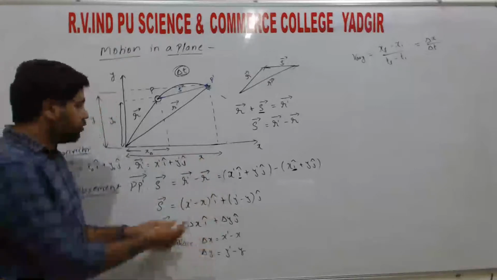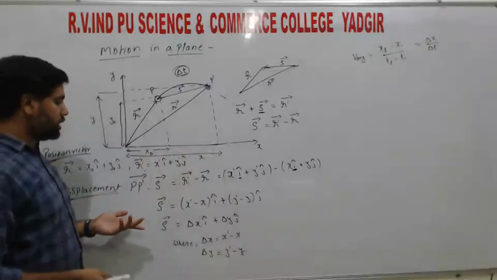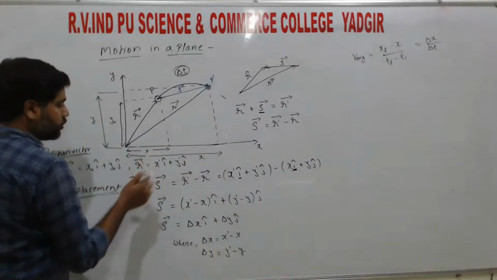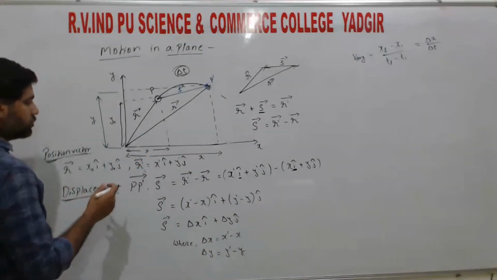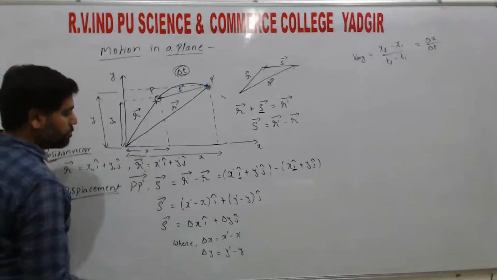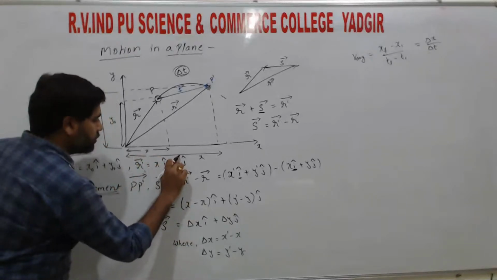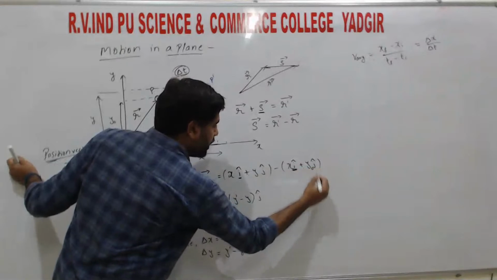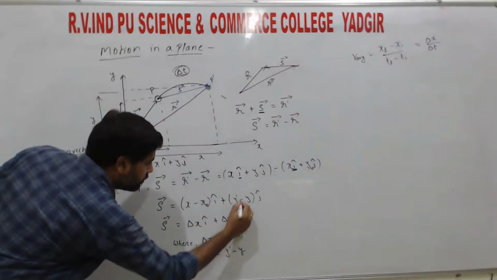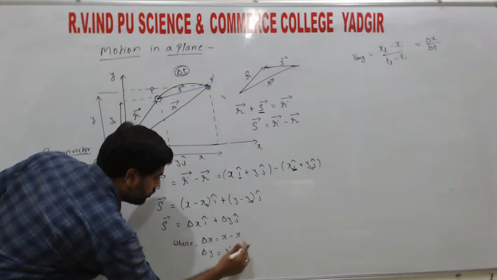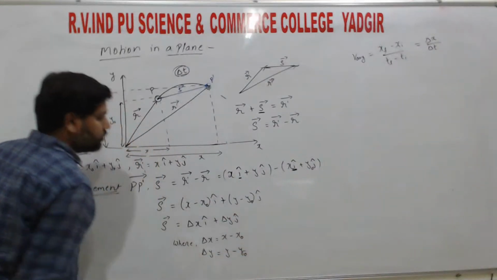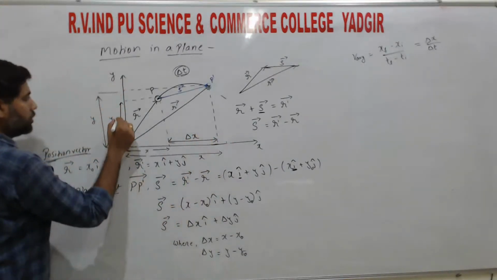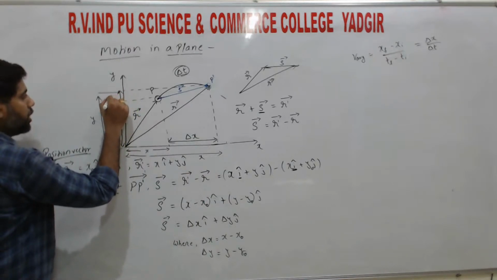So this is delta x, which is x dash minus x, it's not y, x minus x naught, y minus y naught. So this gives delta x, and this gives delta y.